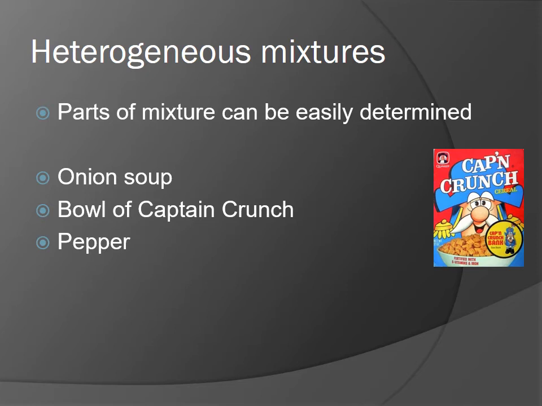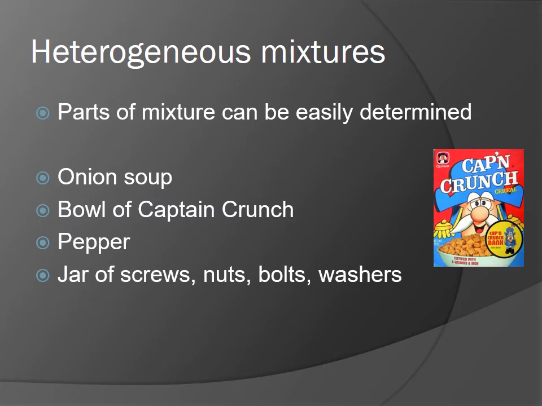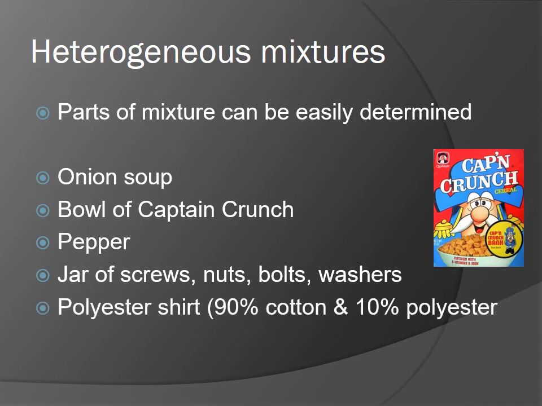Pepper, if you look at it closely enough, you realize it's all kinds of things that make up your pepper. Most everybody somewhere in their house has a junk drawer, or a jar where you throw every nut, bolt, screw, washer, nail, all these miscellaneous things. All of these are heterogeneous mixtures because you look at it and you know it's made of a bunch of different things.